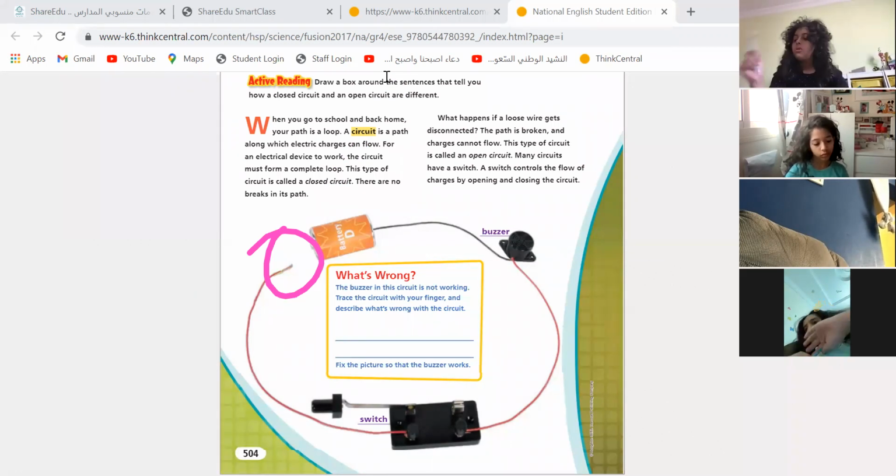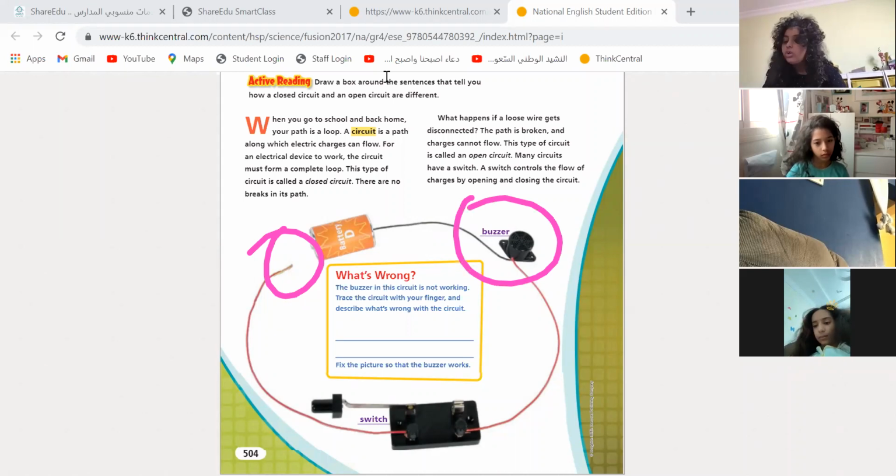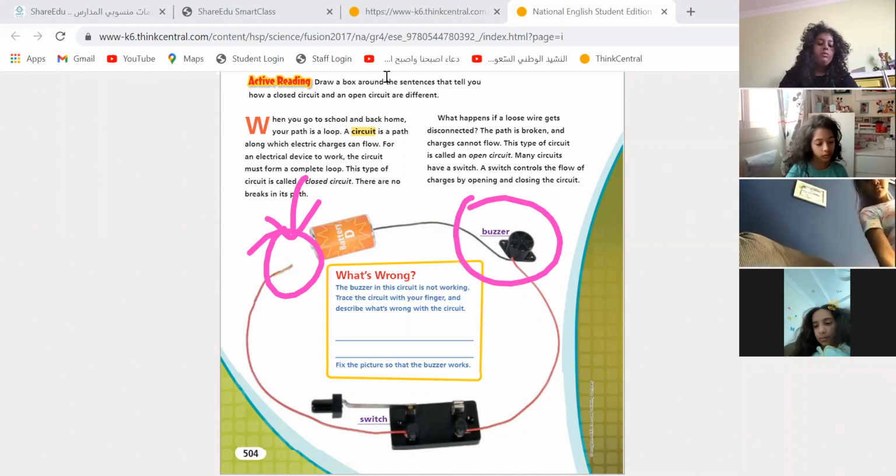For example, over here, we need the buzzer to work. Will the buzzer work if there's a space in this circuit? No, because we need the electricity to go from one place to another without a space.